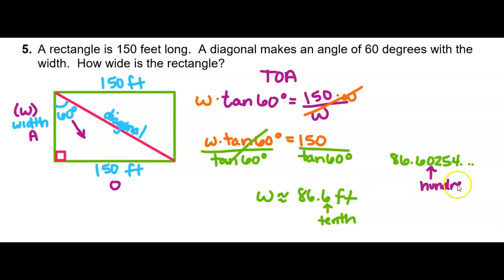So it goes tenths, hundredths. If we look to the right of the 0, it's a 2. So anything less than 5 to the right would mean that we do not round up. So this is just going to be 86.60 feet. So when you're putting your answers in Khan Academy, make sure you put that 0 in order for Khan Academy to give you credit for the right answer.